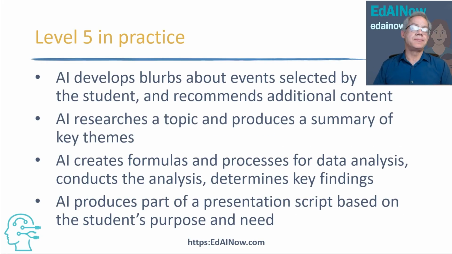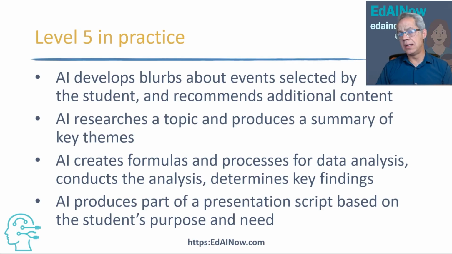In practice, the student might say, here are 7 key events I need information about. And the AI goes, learns about them, and writes a synopsis of each of those. Or the AI is given a topic and goes out and does research and provides a summary of key findings or key information. So the AI is out there doing the work, which the student then incorporates.